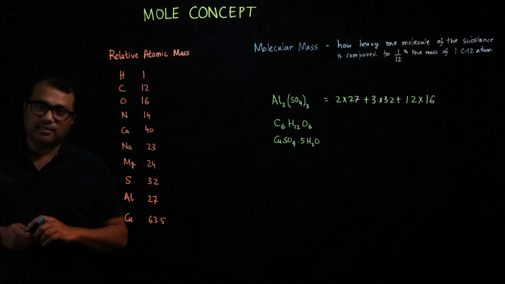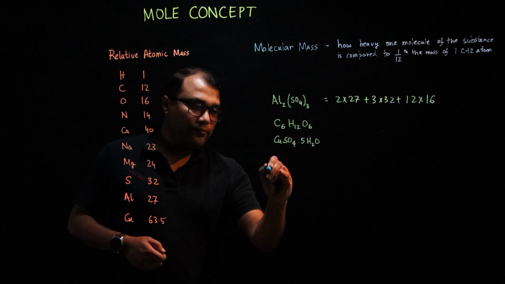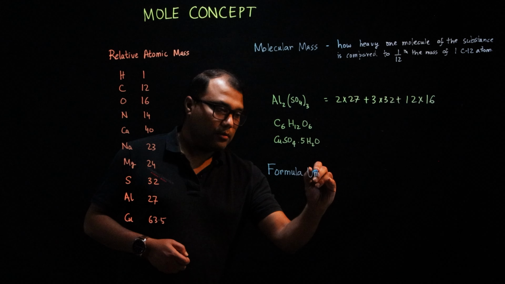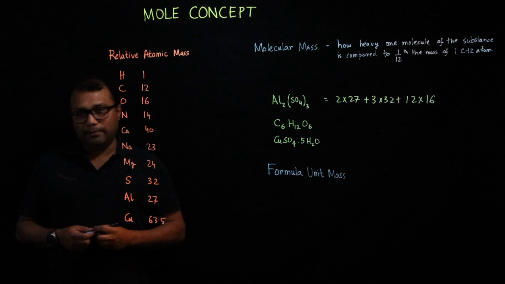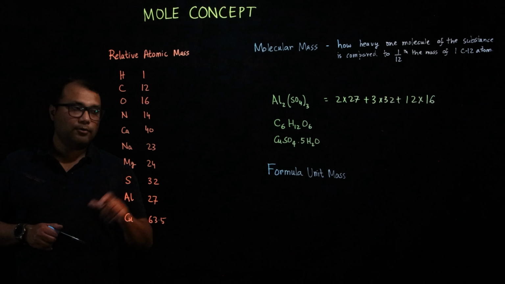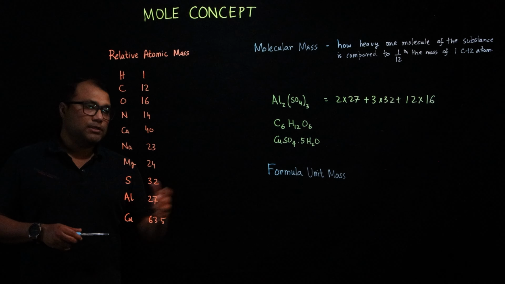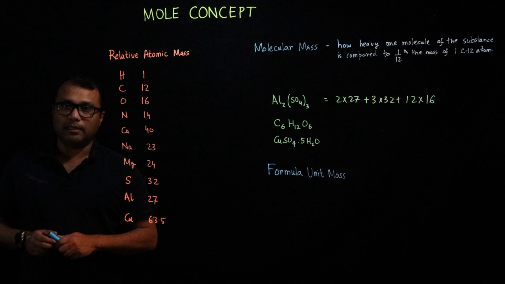Okay, there is another term I want to introduce to you. It's called formula unit mass. So this applies to ionic compounds. In case of ionic compounds, we calculate the formula unit mass. It is nothing but just adding the atomic masses of the individual atoms that form the ions.